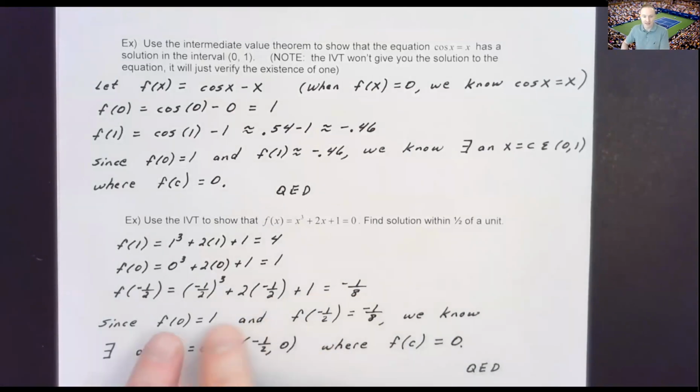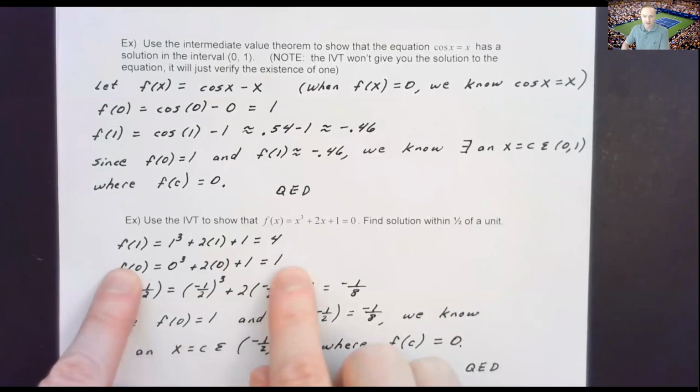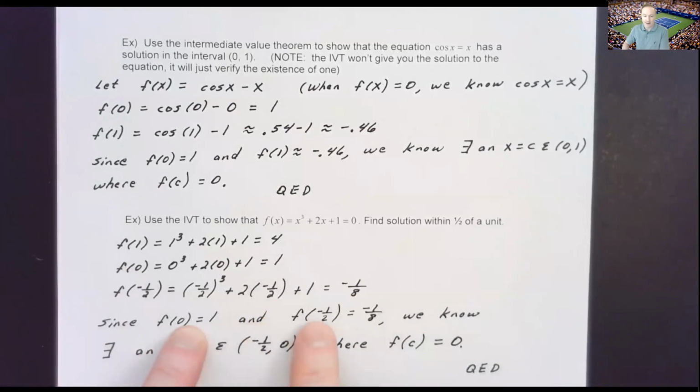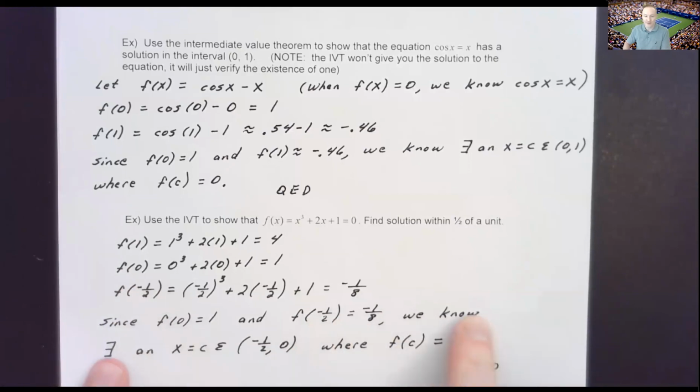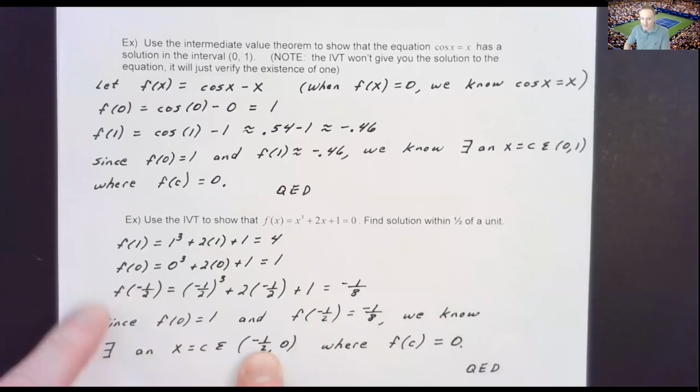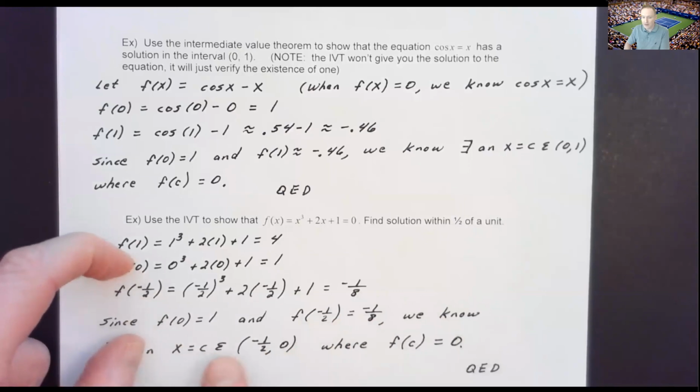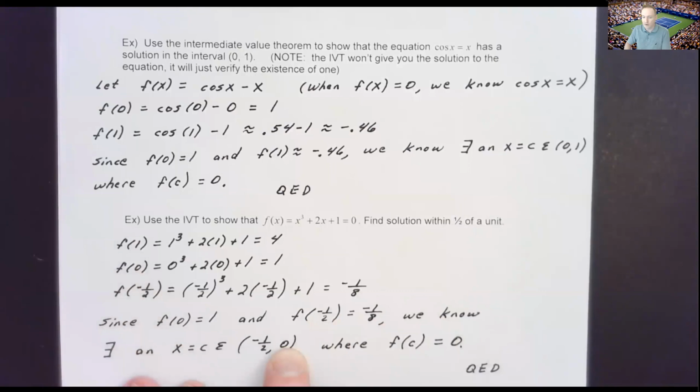Gorgeous. I state that by the following. Since f of 0 is 1 and f of negative 1/2 is negative 1 over 8, we know there exists an x equals c belonging to the set of x values between negative 1/2 and 0. You always want to go low to high in these interval notations. So f of c is equal to 0.